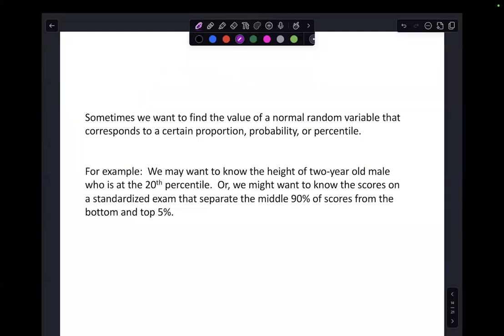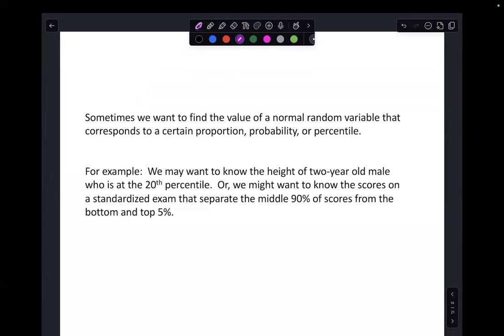You can do that with z-scores, or with actual data values. So we might want to know the height of a 2-year-old male who's in the 20th percentile, or which scores on a test separate the middle 90% of scores from the top 5%.